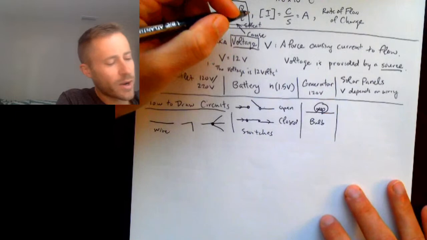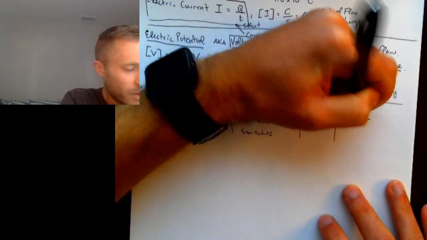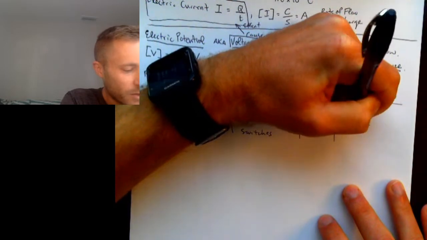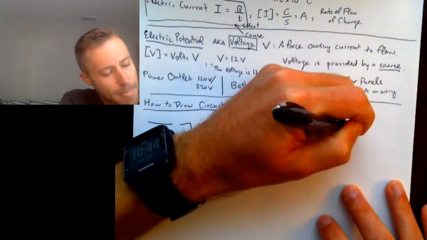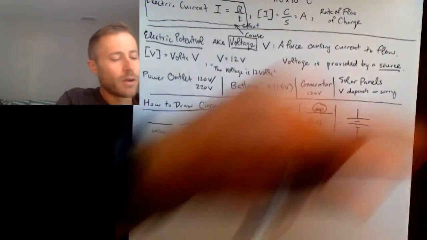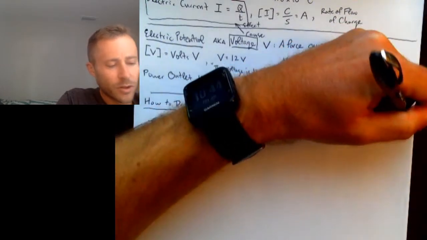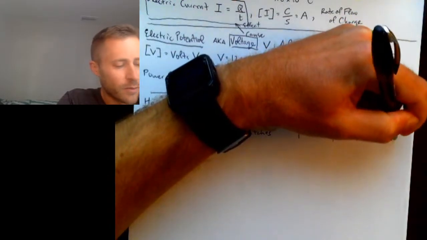The symbol for a battery is long line, short line, long line, short line. Or you could also just use this for any source of voltage.